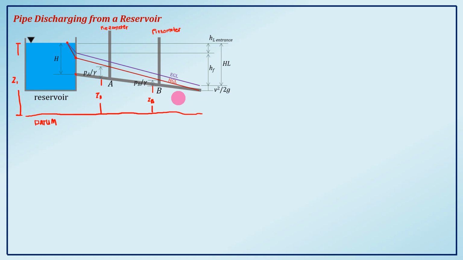Okay? And then, when we consider the velocity head, we can plot the EGL, the energy grade line. It is your total head grade line. So we plot it from the surface of the reservoir, where there is a drop.